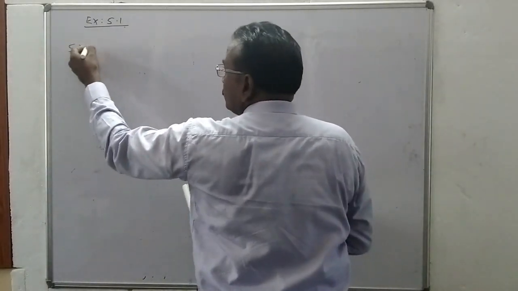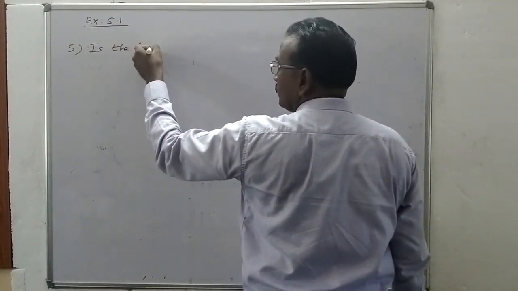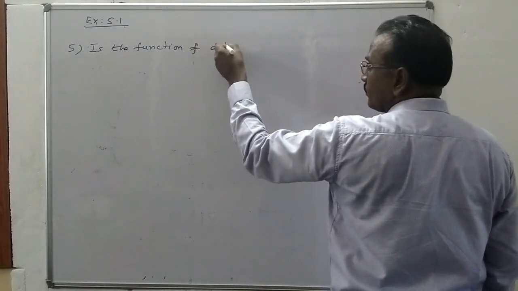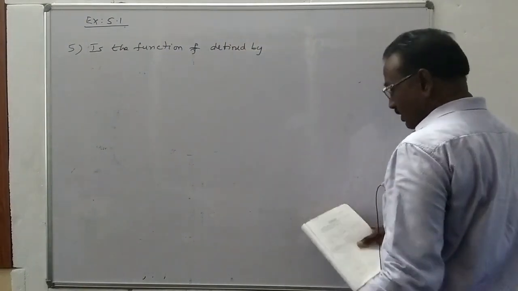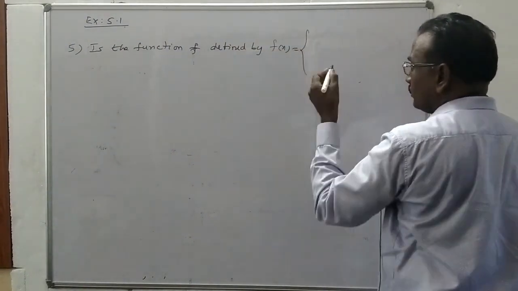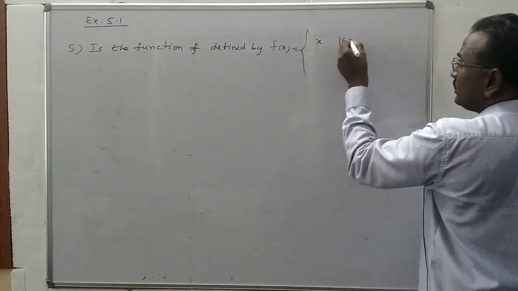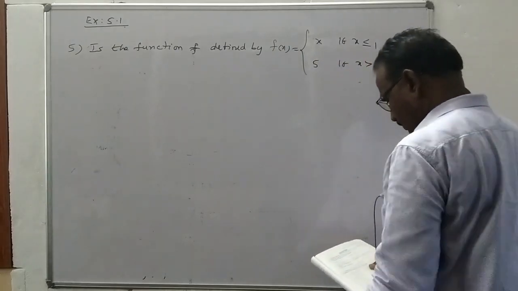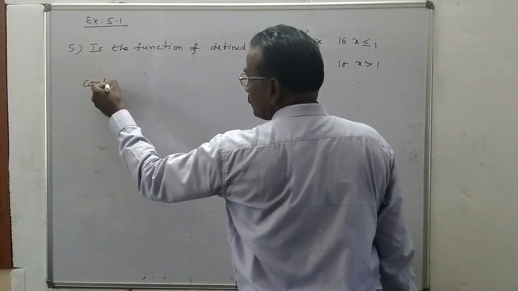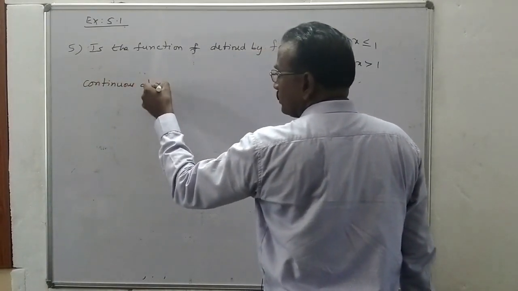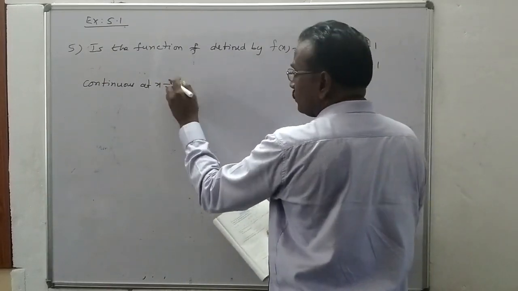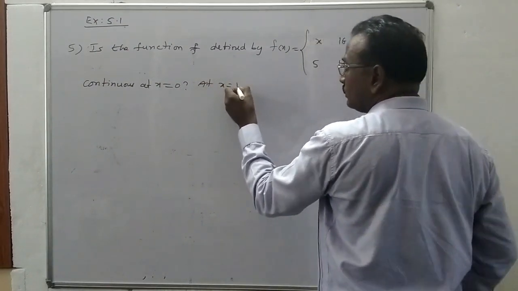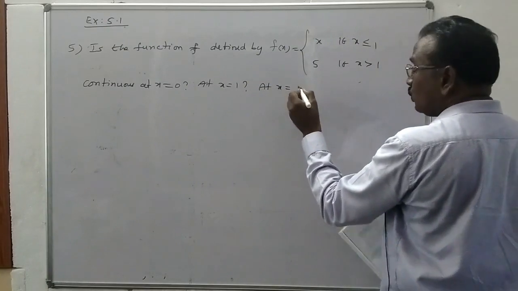Is the function f defined by f of x is equal to x if x is less than or equal to 1, and 5 if x is greater than 1, continuous at x is equal to 0, at x is equal to 1, at x is equal to 2?